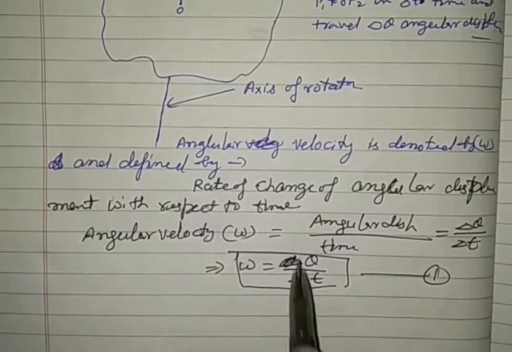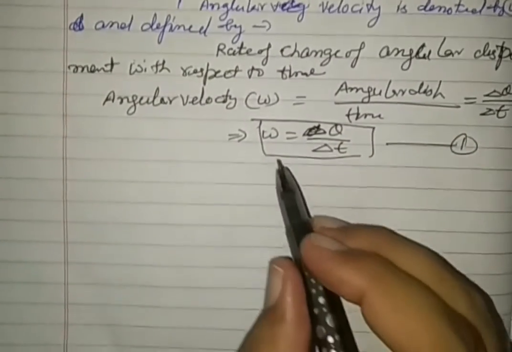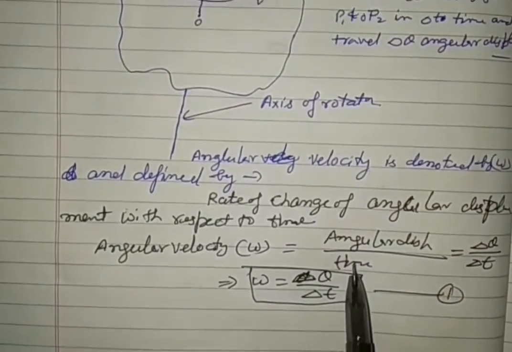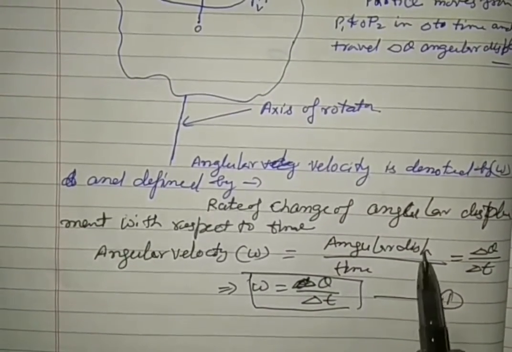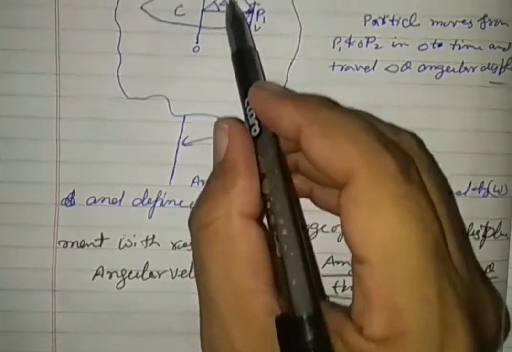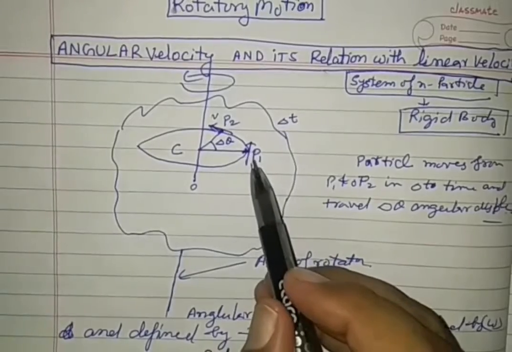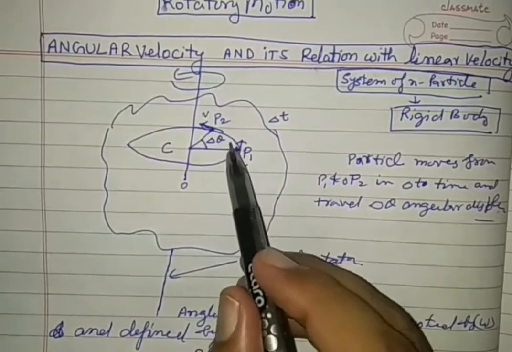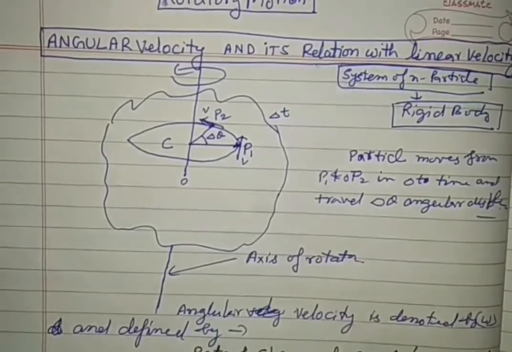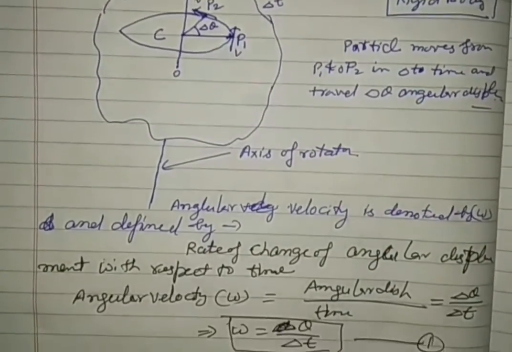See, this is the normal. The definition of angular velocity is the same as linear velocity. Linear velocity is displacement by time; this is angular displacement by time. Here in the diagram, particle P1 moves from P1 to P2 in delta t time and travels delta theta. So angular velocity is this.